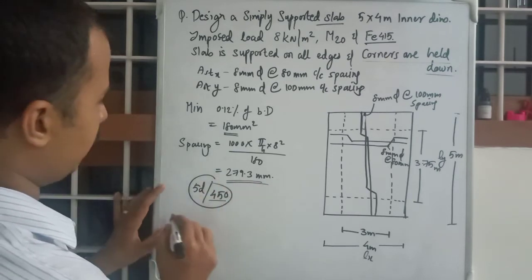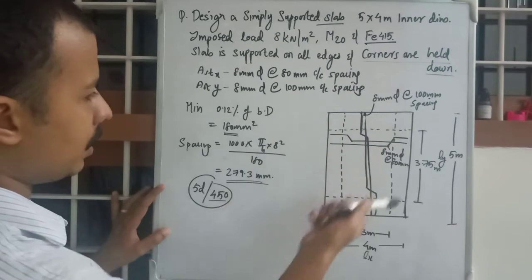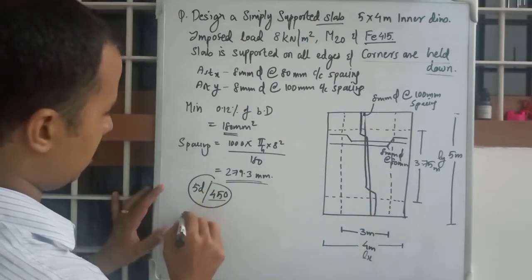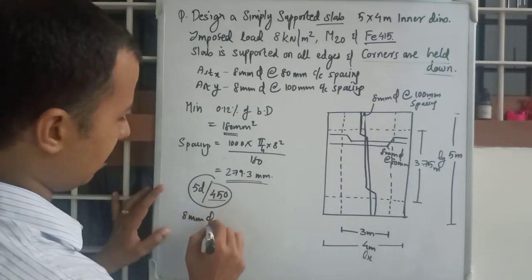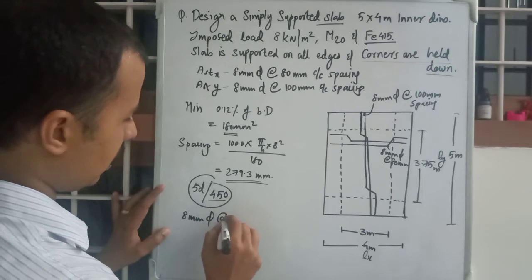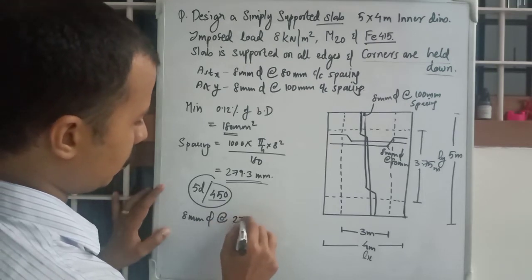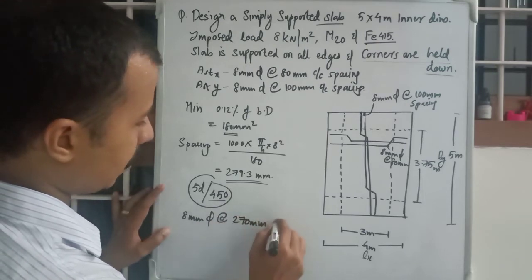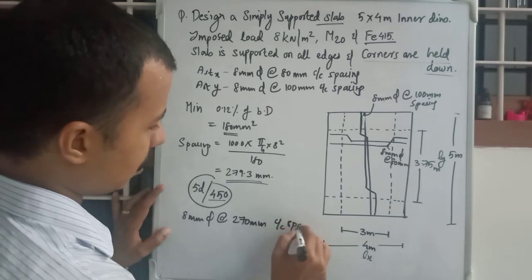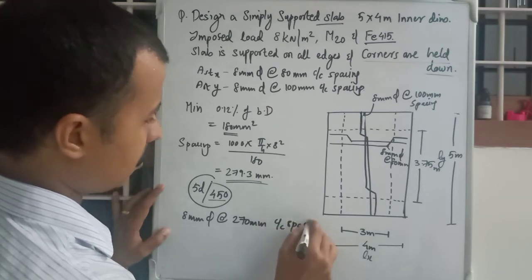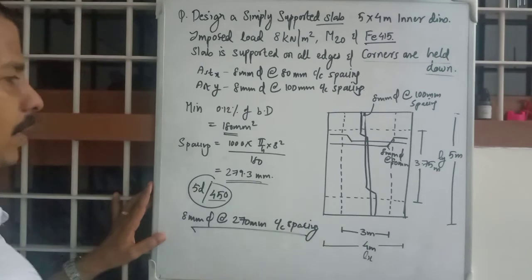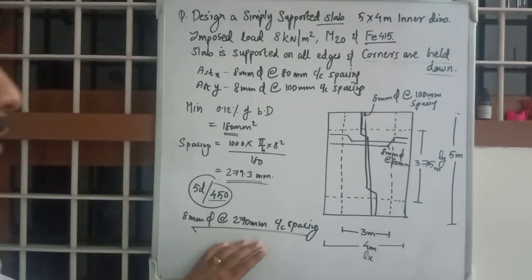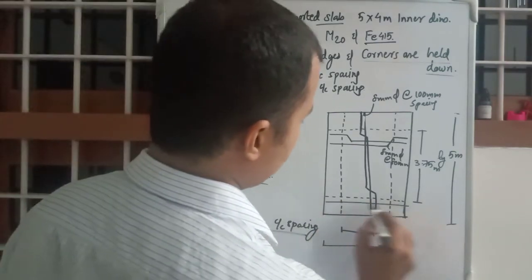So we adopt all these four areas as 8 mm dia bars at 270 mm center to center spacing. Okay, so this will be provided along this direction.